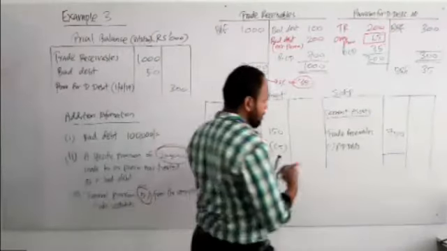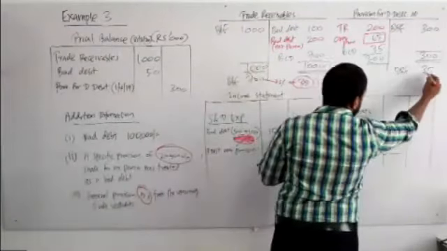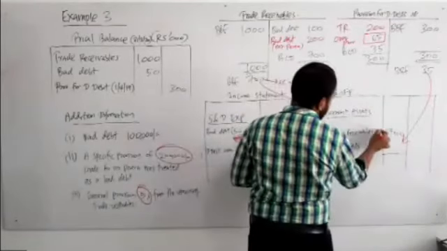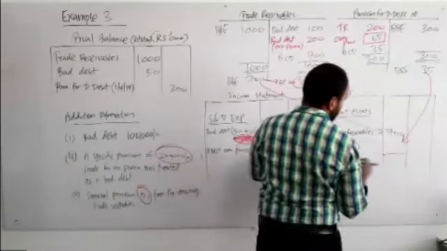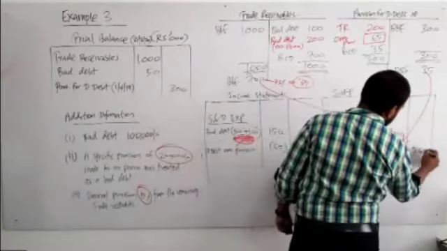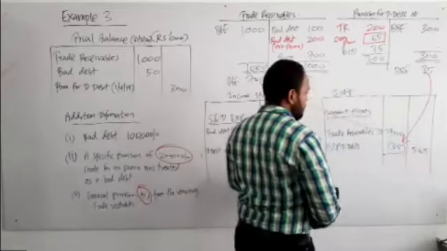So under current assets, you have to take 700 minus 35, 565.